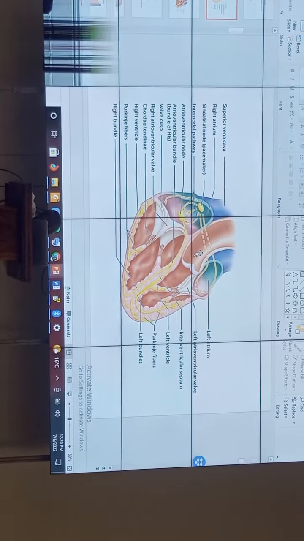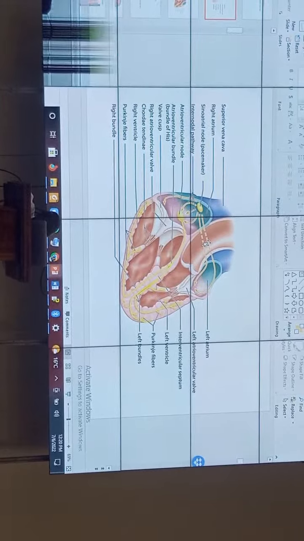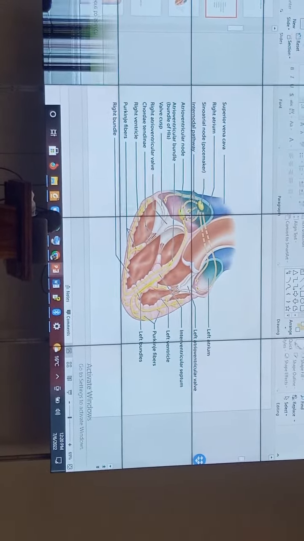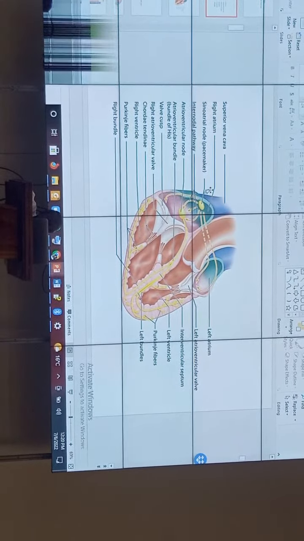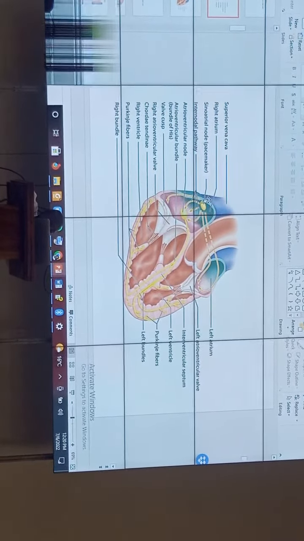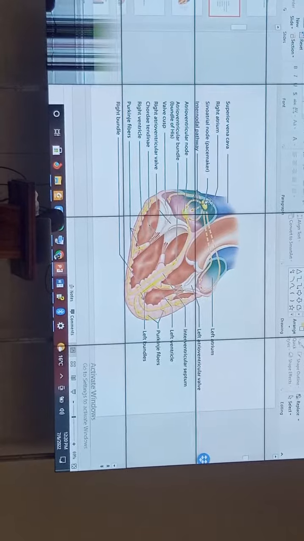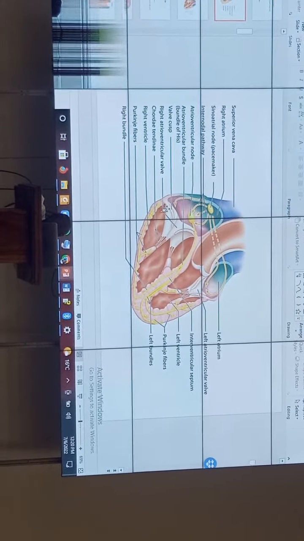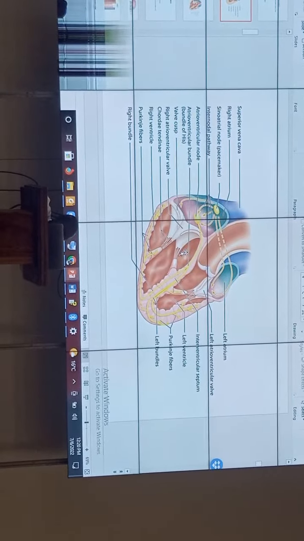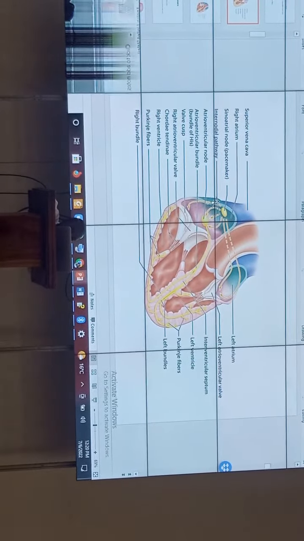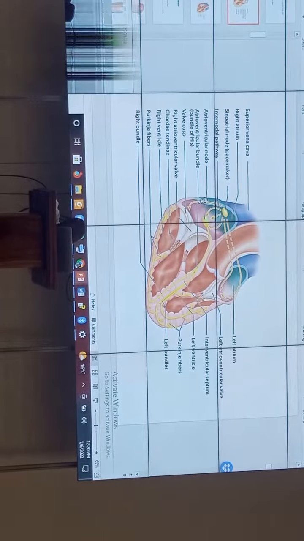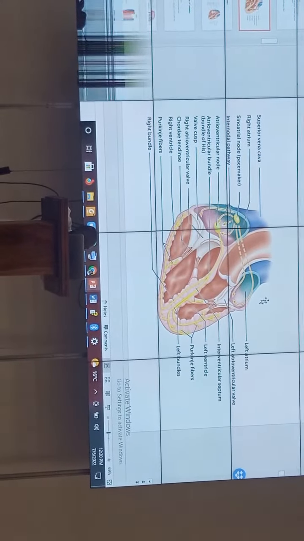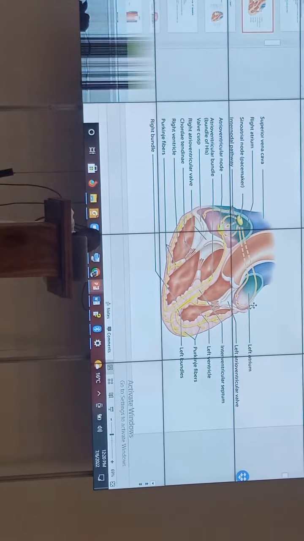So because cardiac muscle cells act as a syncytium, once the impulses or action potential have been generated by the SA node, they are able to spread through the muscle cells of the atria. It spreads through the muscle cells of the right atrium, also across to the muscle cells of the left atrium.